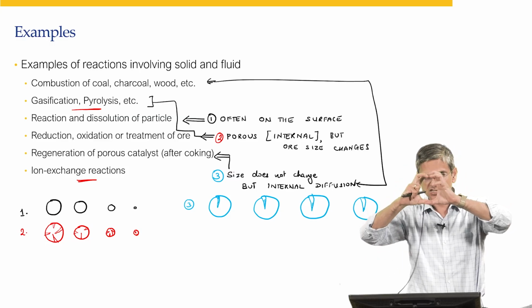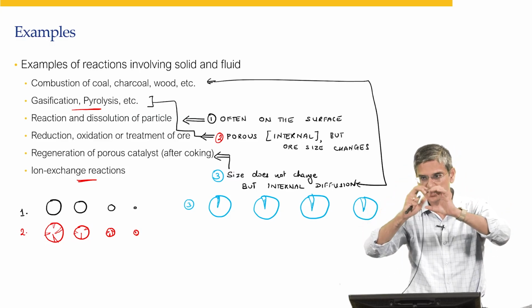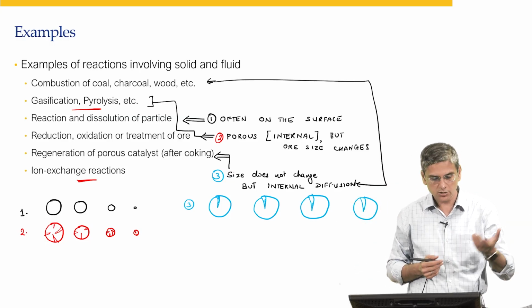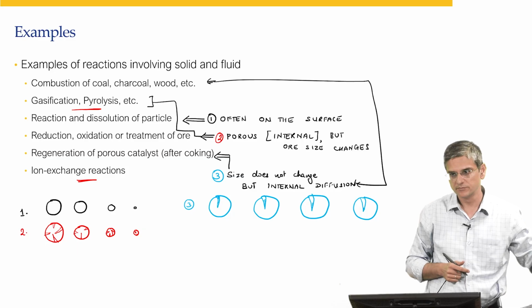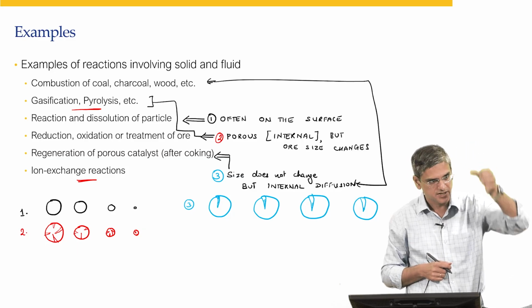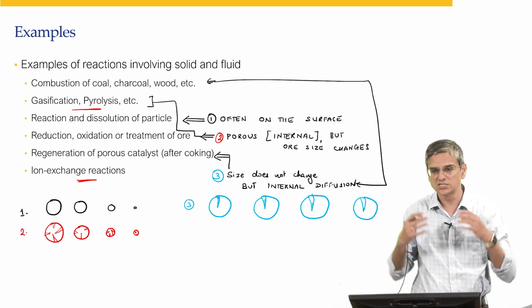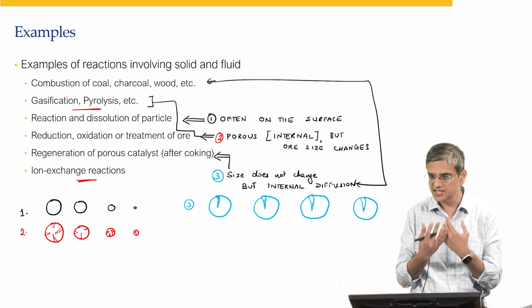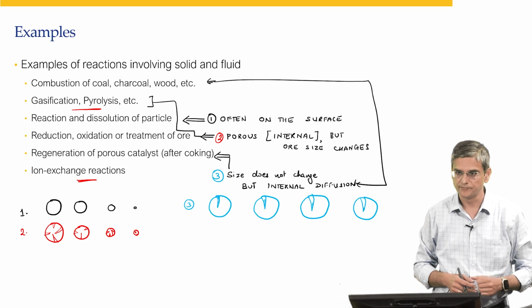Okay, so the size will keep shrinking, but the pores will also keep getting expanded. That's what you see when ENO dissolves. If you take an ENO tablet and dissolve it, as water seeps in, it will start reacting from inside out also.